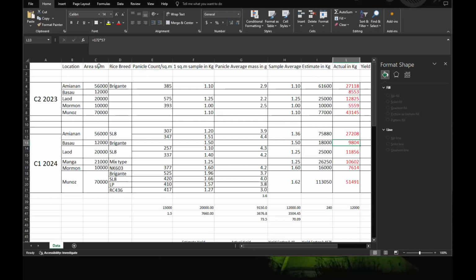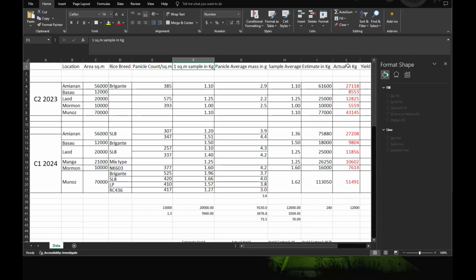Oh yeah, and give me your square meter. So, what do I need? Area. It doesn't even matter. I'll just assume 1 hectare, 10,000 square meter. I need the conical count, mass per square meter, and then the actual yield. Three things.